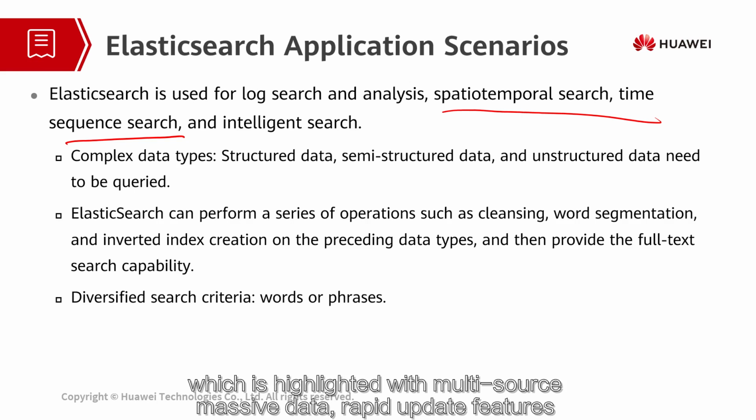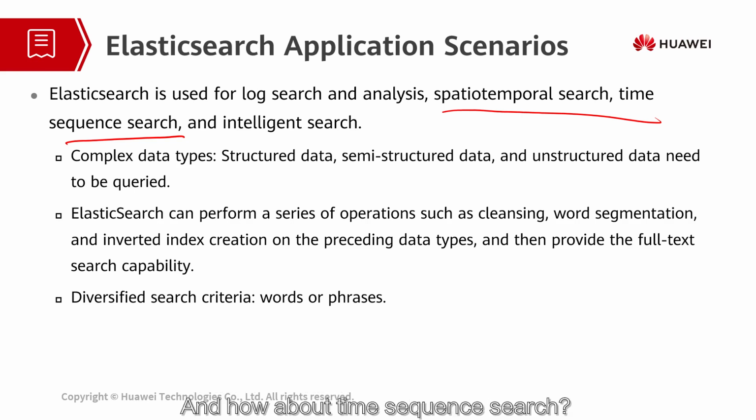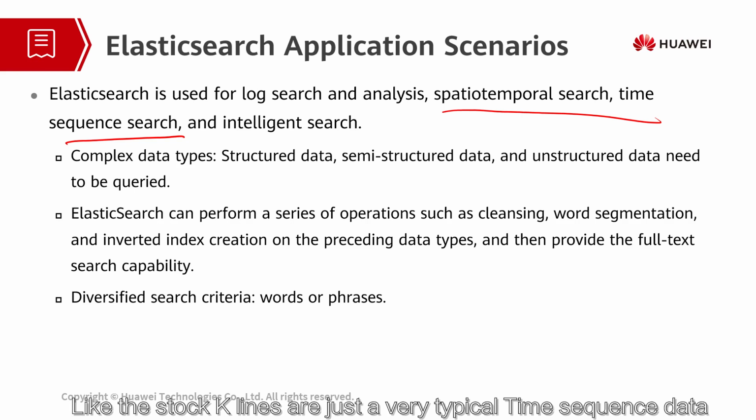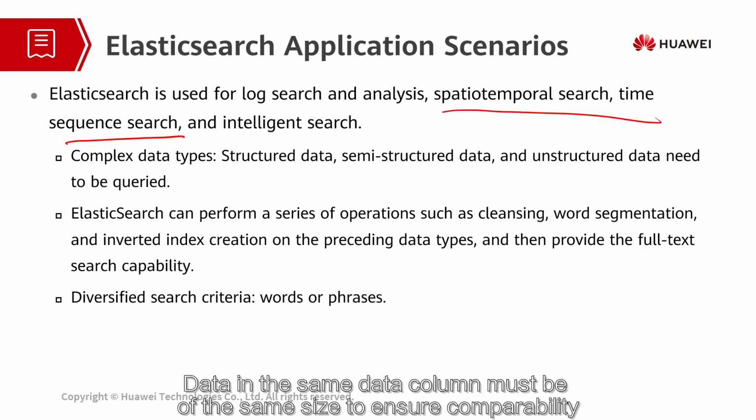And how about time sequence search? Time sequence data is the data column recorded in time sequence using the unified indicator, like the stock K lines are just a very typical time sequence data. Data in the same data column must be of the same size to ensure comparability.